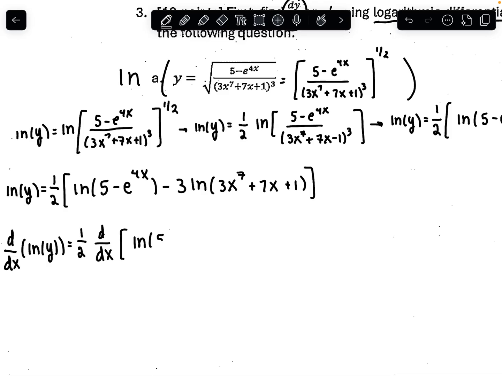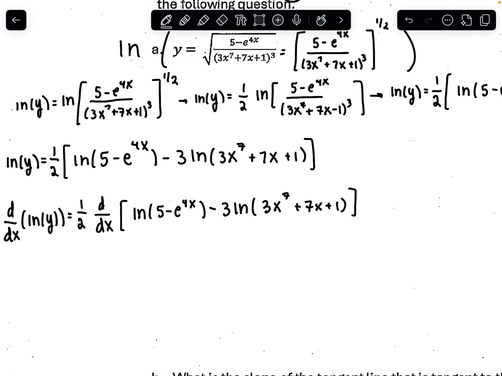Then the derivative of this whole thing here. The derivative of ln of y with respect to x is going to give us 1 over y times this implicit differentiation dy/dx.